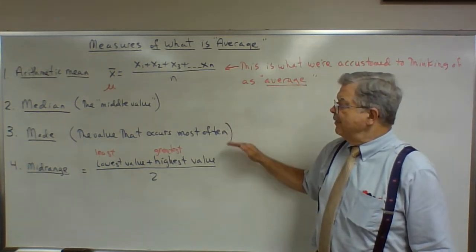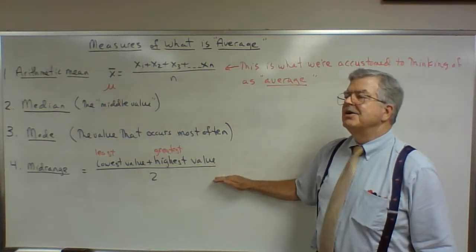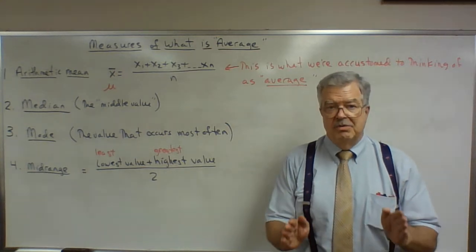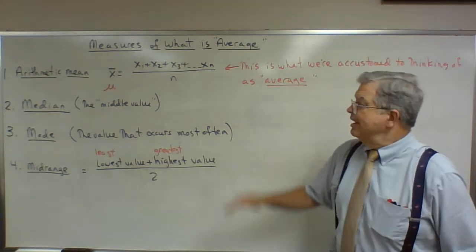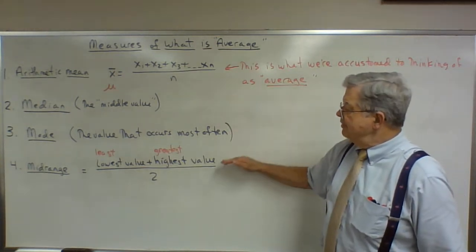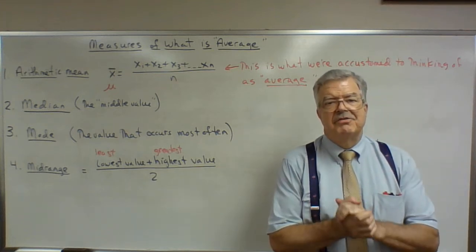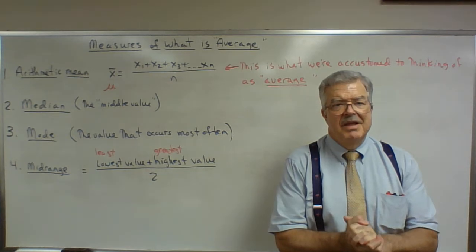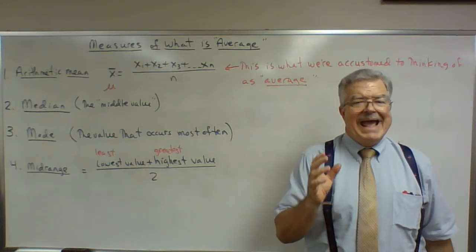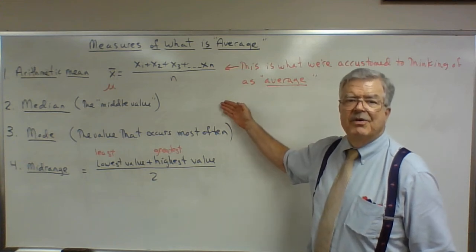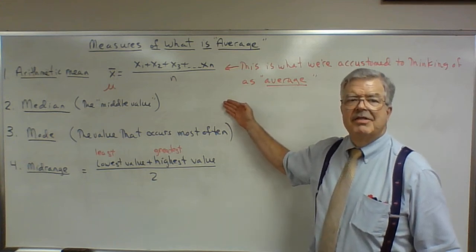None of these four methods of quantifying what is average tell us the whole story. None of these four measures by themselves consistently give us an accurate perception of what is typical or average in the set of data.